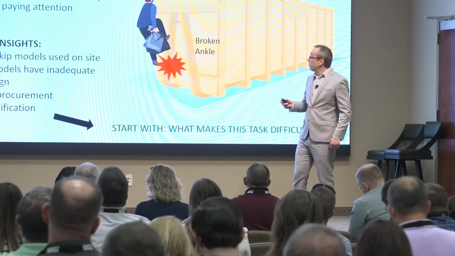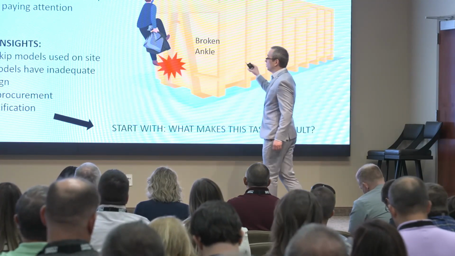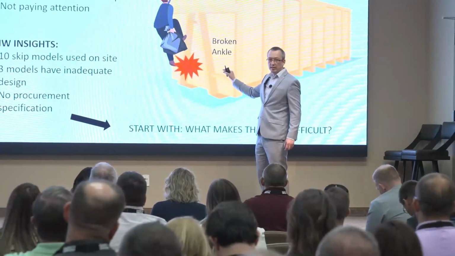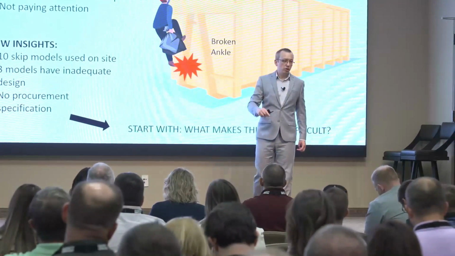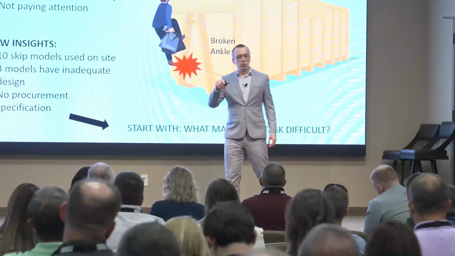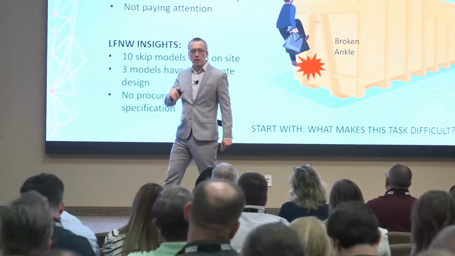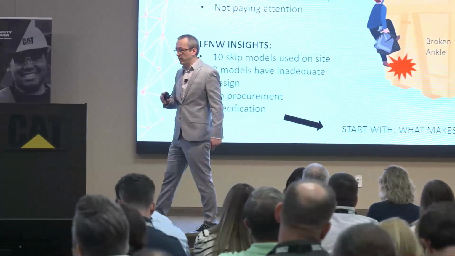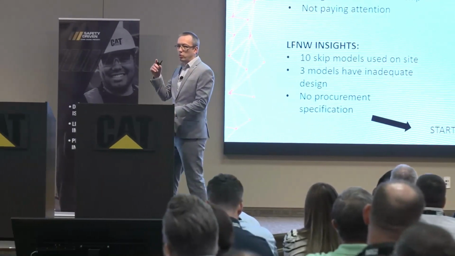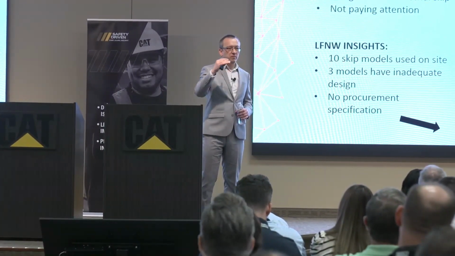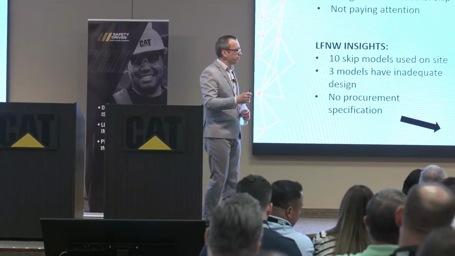So if we only address the root cause being the original skip and change only that, we would not sufficiently reduce the risk of reoccurrence because people were climbing other skips and 2 other models did not have the right access. Therefore, the risk of a repeat accident would still be fairly high.